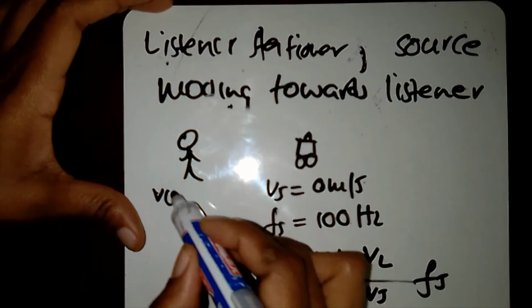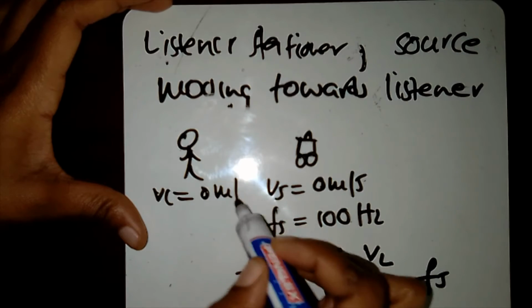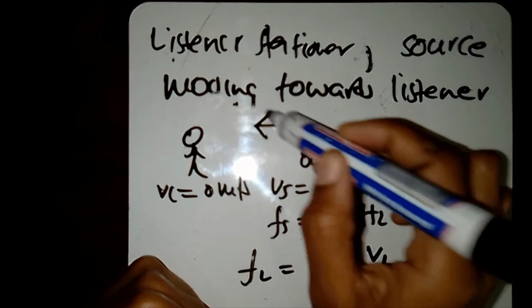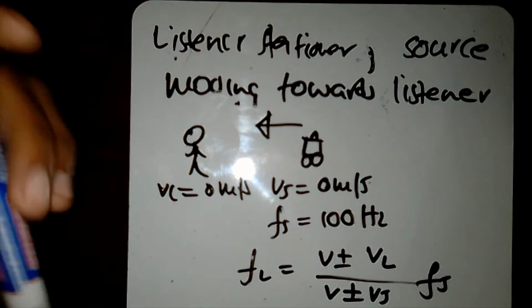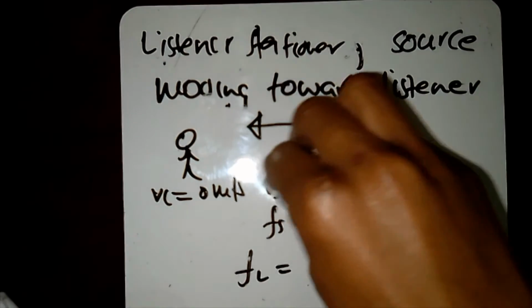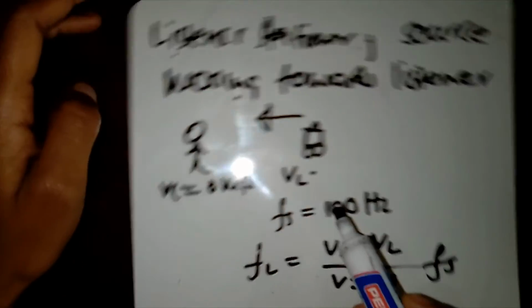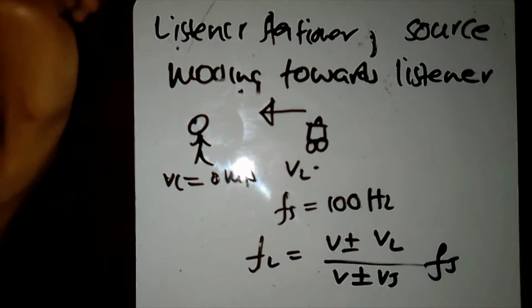You are stationary, so your VL is actually 0 meters per second. And then this car is now moving towards you at a certain velocity, so VS is no longer 0. It's still producing the same frequency of 100 hertz.